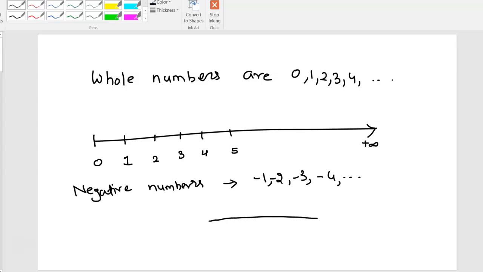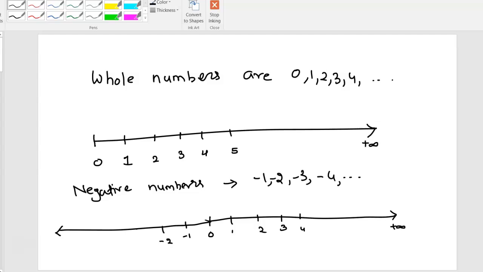If you move the number line that you just saw in the opposite direction, backwards, and then mark again at the same distance, you will get -1, -2, -3, -4, and you can move backwards as much as you want. So this goes to minus infinity.